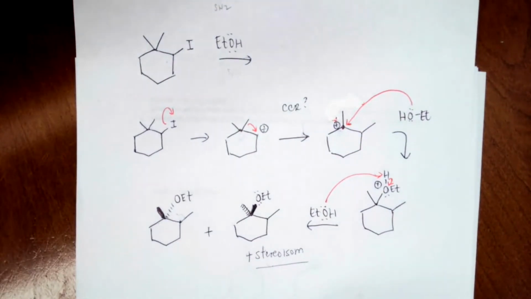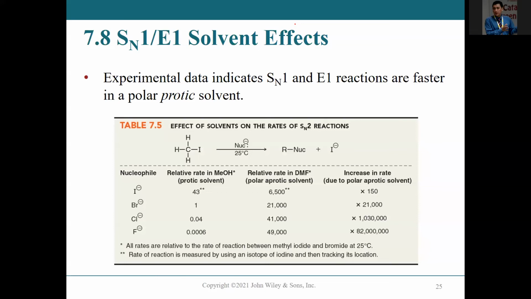All right, so let's continue with the theory. The solvents: we're talking about how they change the speed of a particular reaction by stabilizing the intermediate and the states. For the experimental data on SN1 reactions, they noticed that the reactions are way faster in protic solvents.